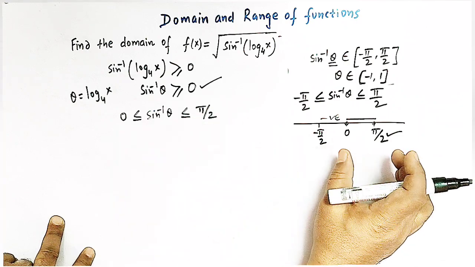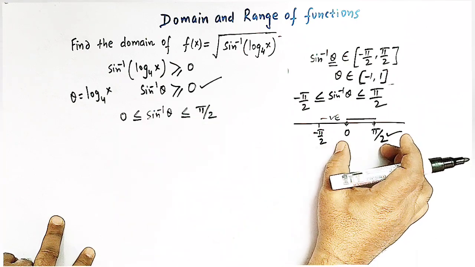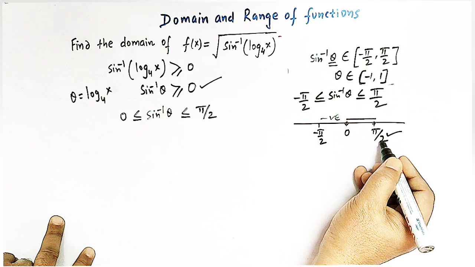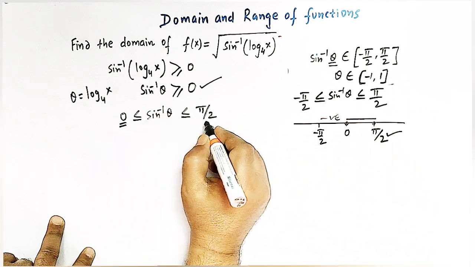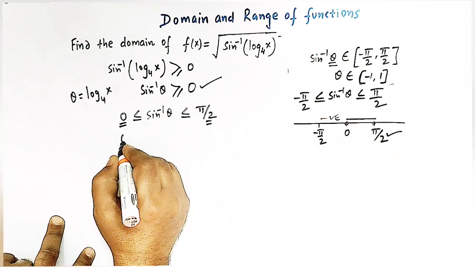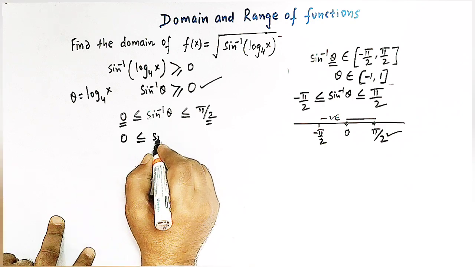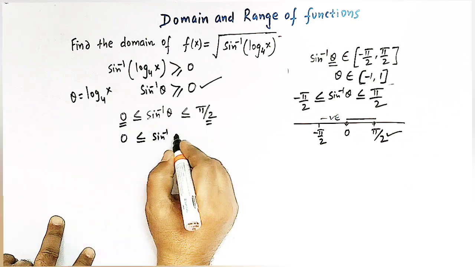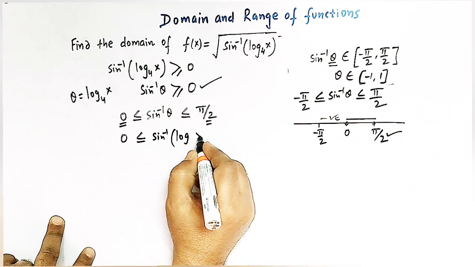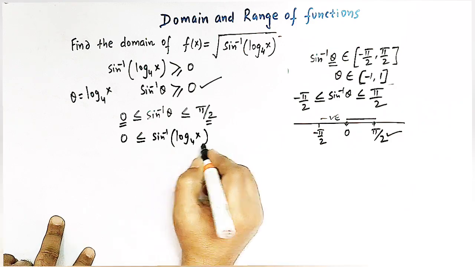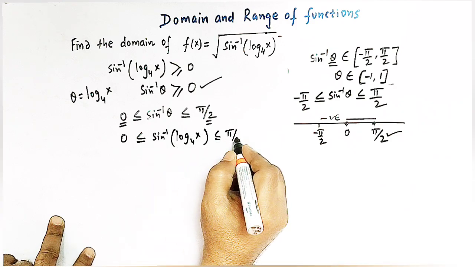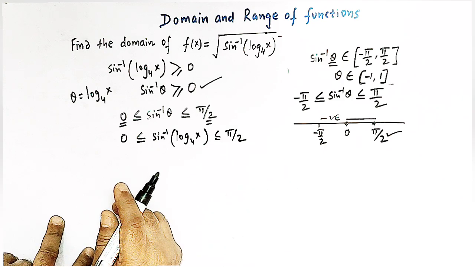So sine inverse theta must lie in this interval, that is 0 to pi by 2, where the endpoints are included. So now we have here 0, and in the middle sine inverse of theta, for which we can write log x to the base 4, and here we have pi by 2, right?